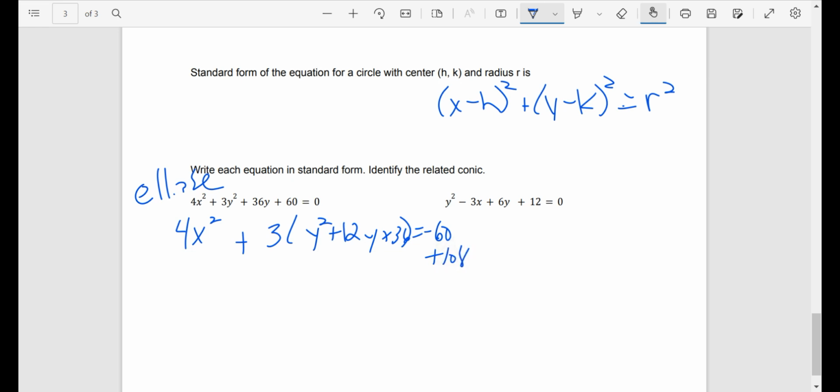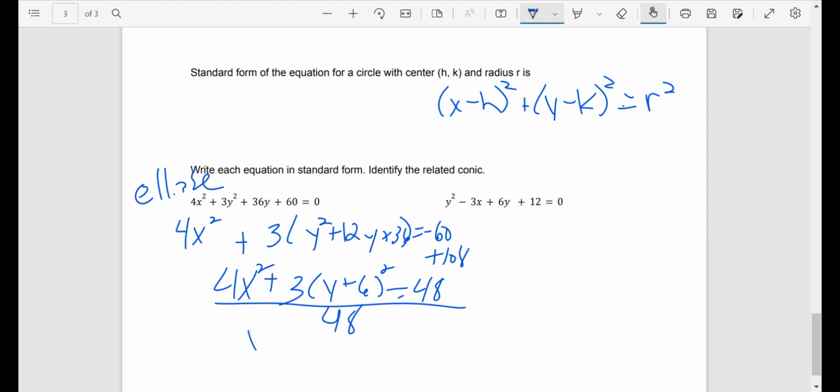It's going to give me 48 over here. And then I'm going to factor, giving me (y plus 6) squared, 3 there, 4x squared, divided by 48. Giving me x squared over 12 plus (y plus 6) squared over 16 equals 1.